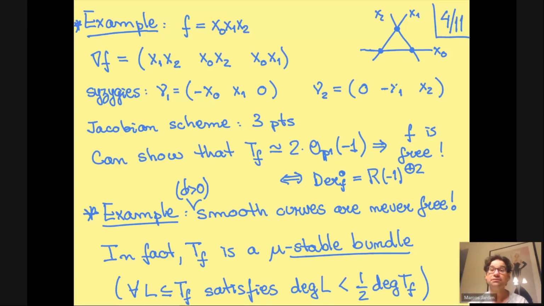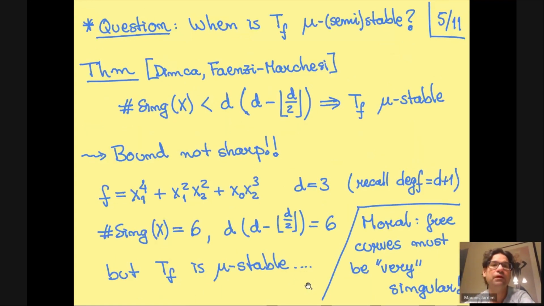More questions? Yeah. And one question that is not so studied in the literature, but it's important for people like me and my colleagues that like stable bundles, is when is the log sheaf stable or semi-stable in the sense that I mentioned in the previous slide.